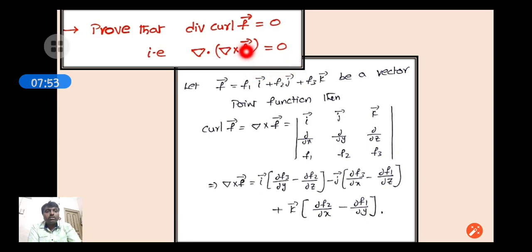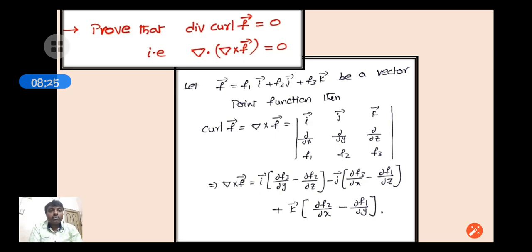Here also I take a vector point function f bar, first calculate curl f bar, and then apply div. That means del dot del cross f bar is equal to, the resultant must be a scalar, 0. I have to prove this particular result.